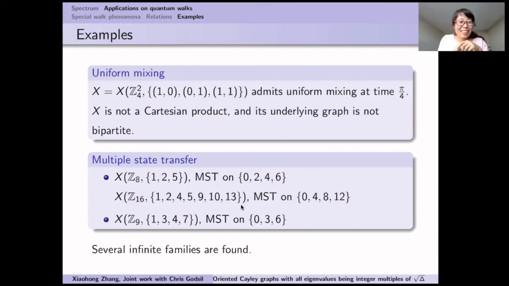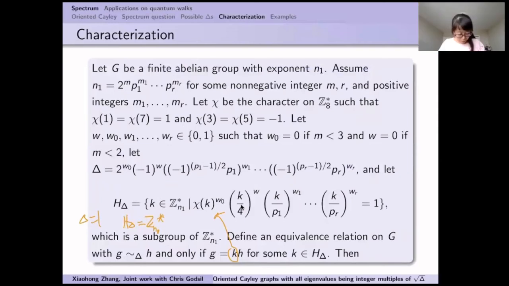Do you know what happens if you go to non-abelian Cayley graphs? Here we use this subgroup of index 2. We can obtain some minimal connection set for oriented Cayley graphs.